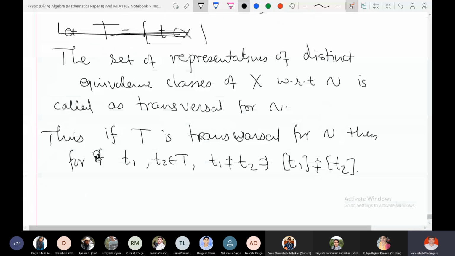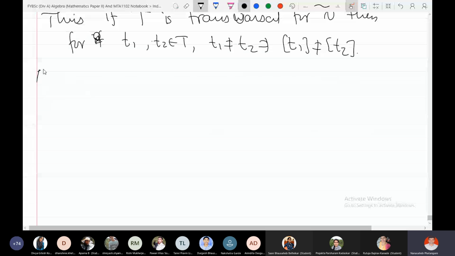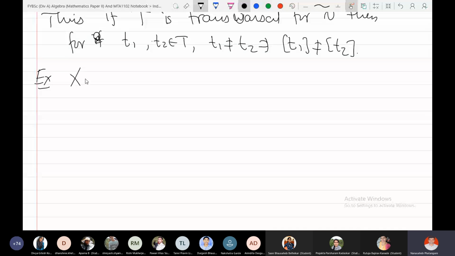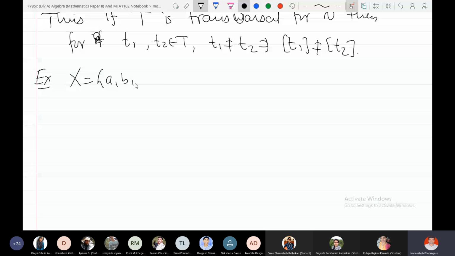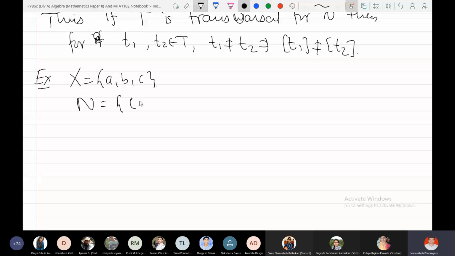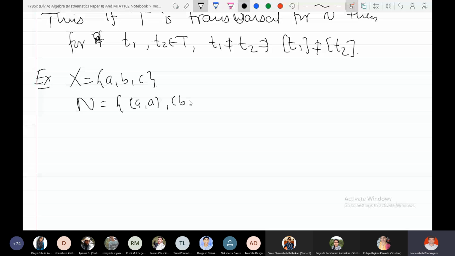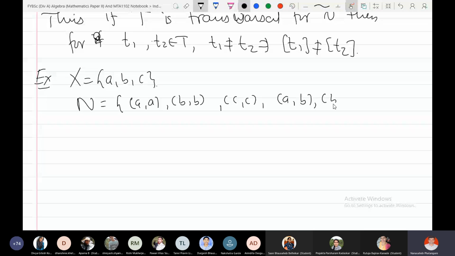So the things will be more clear if you look at this example. X is equal to {A, B, C}. What is my relation? Tilde is {(A, A), (B, B), (C, C), (A, B), (B, A)}. Let us take the same as we discussed previously. So this is an equivalence relation. Now what is the class of A? {A, B}, which is the same as class of B, right?